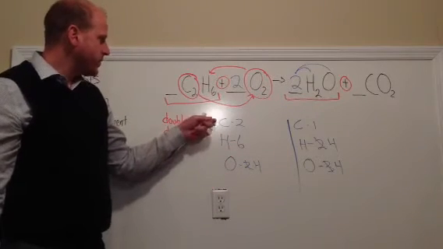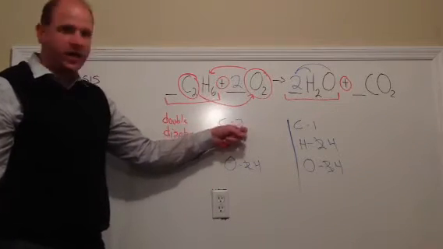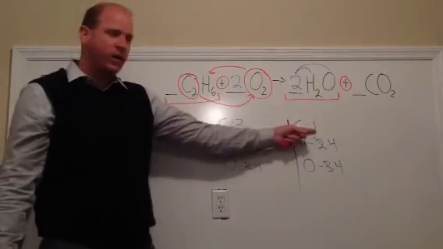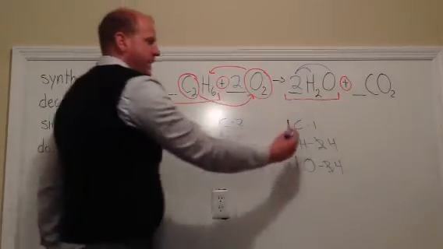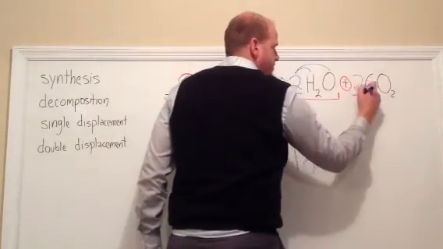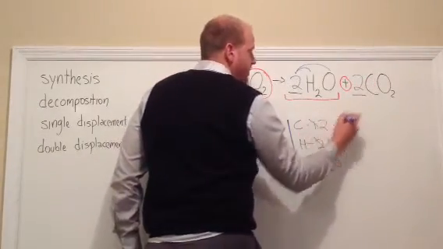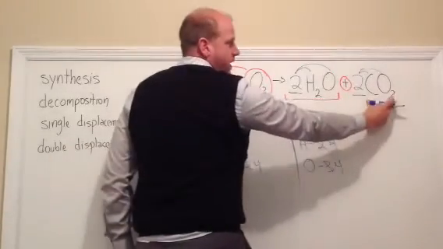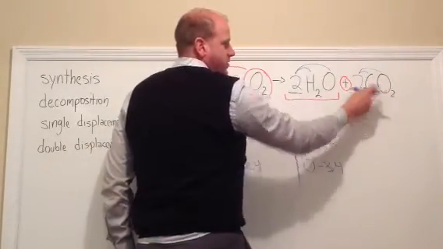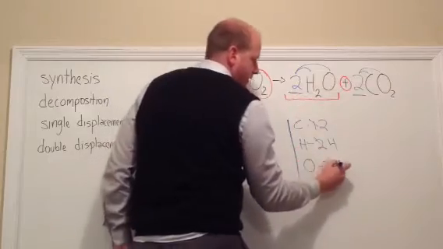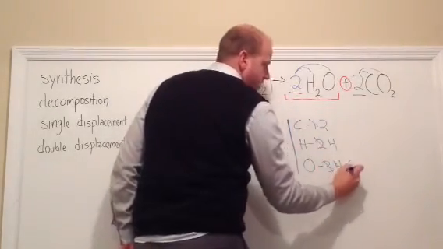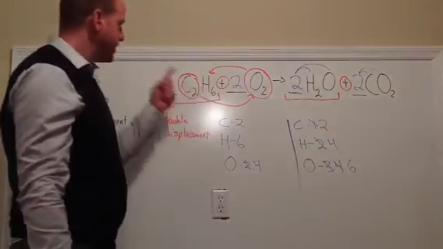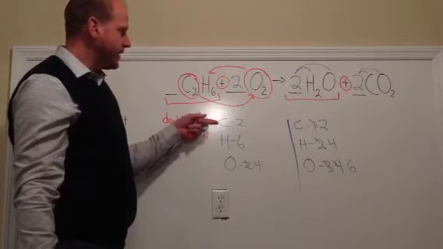I'm going to go with my carbon. I have 2 carbon and only 1 carbon over here. In order to balance those out, I multiply this side by 2. That gives me 2 carbon, but it also changes the number of oxygen I have. I've got 4 oxygen in this term now because 2 times 2, and I have to add it to the 2 oxygen over here, so that gives me 6 oxygen. So now my carbon are balanced.